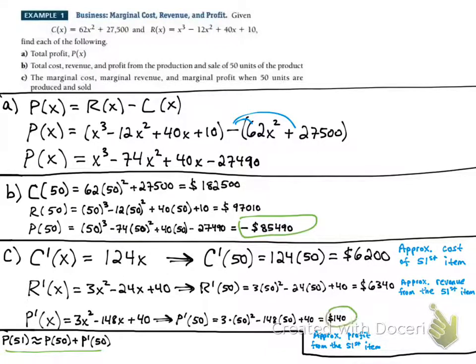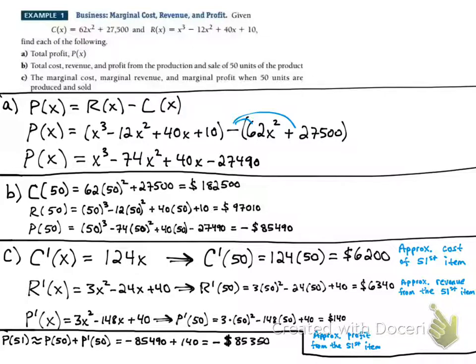We made $140 from selling that 51st item, but that's not going to be enough to make us go positive. But we can still calculate it, and we get negative 85,350. So we're still in the hole, still not making money, but at least we're less in debt than we were when we sold 50 items. That's the approximate profit using our marginals.